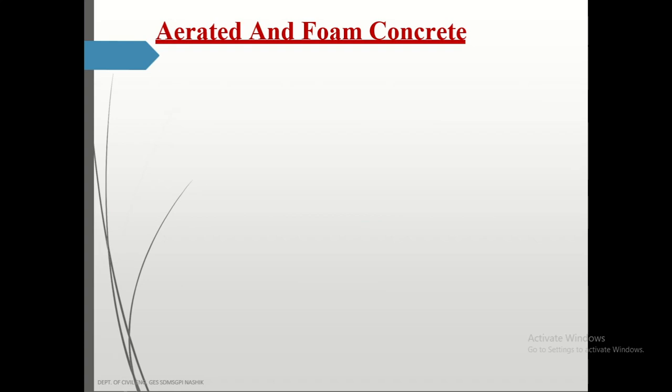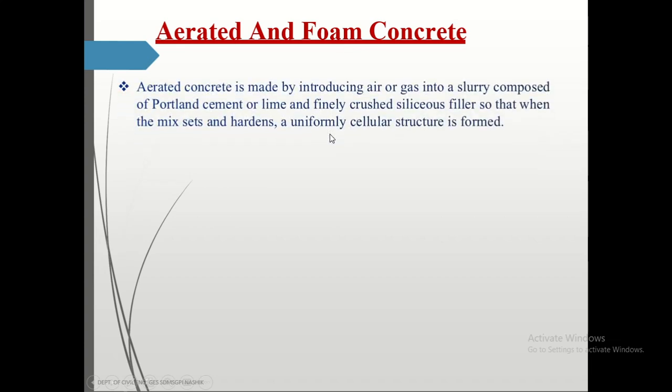Another material is aerated and foam concrete. Actually, foam and aerated concrete are similar; both are lightweight concrete. Aerated concrete is made by introducing air or gas into a slurry composed of Portland cement or lime and finely crushed siliceous material, so that when the mix sets and hardens, a uniformly cellular structure is formed.